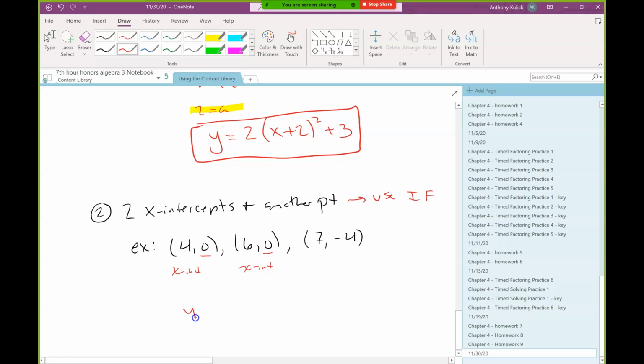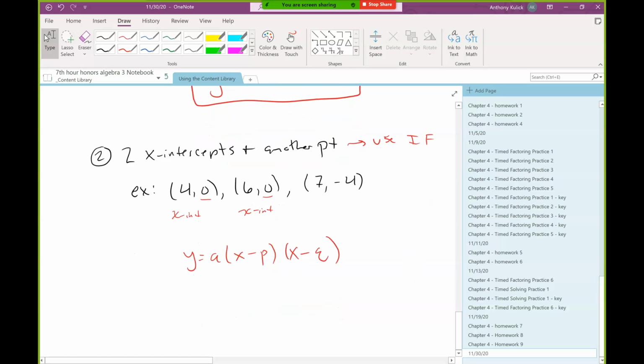So I'm going to use my intercept form equation: y equals a times (x minus p) times (x minus q). And I remember that my x-intercepts are special because they give me the values for p and q.